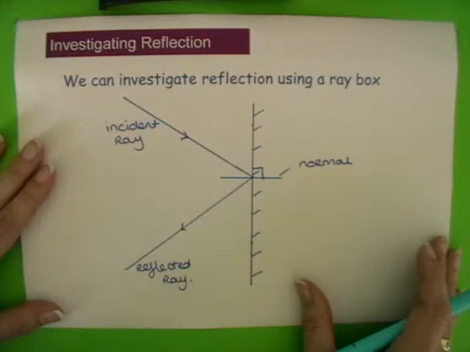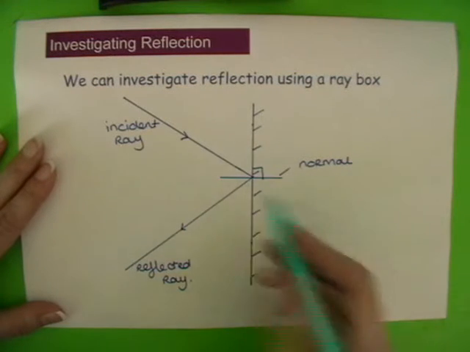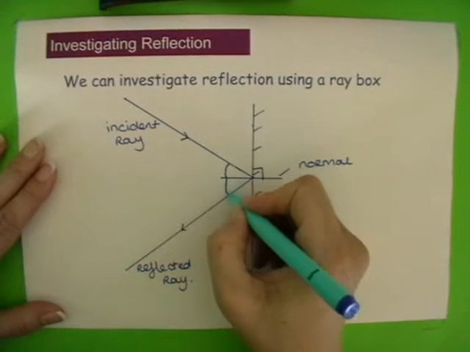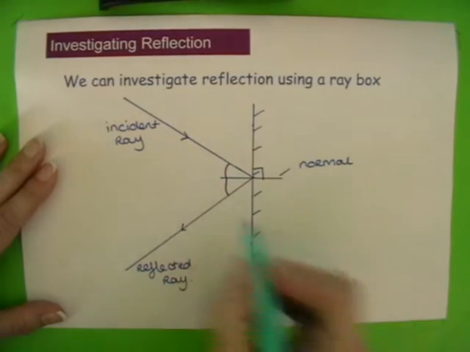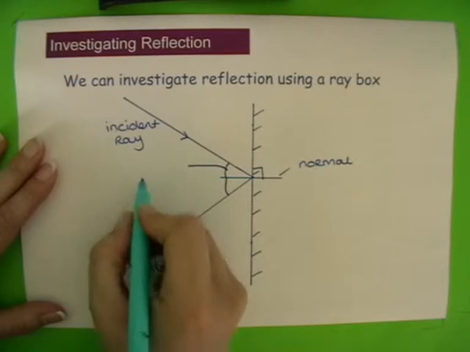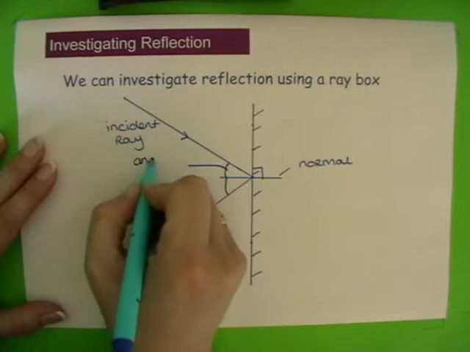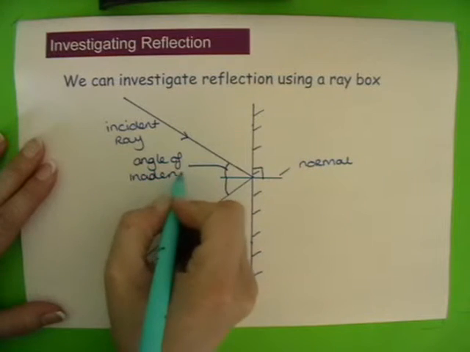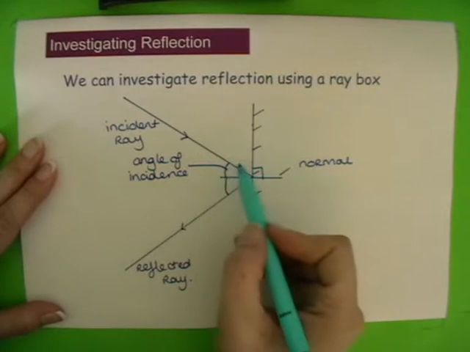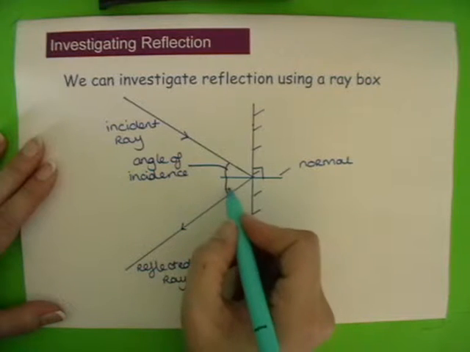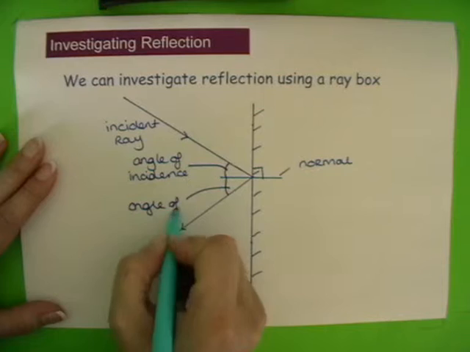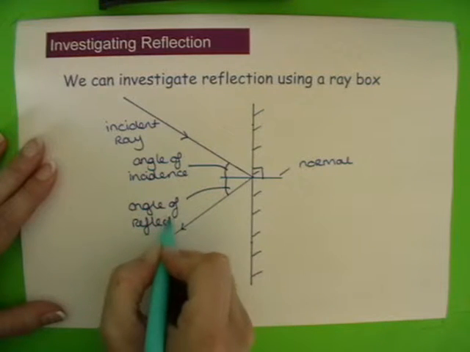And whenever we use a protractor to measure the angles, we should find that this angle is equal to the reflected angle. We call the first angle the angle of incidence, as it is between the incident ray and the normal, and the second one is the angle of reflection.